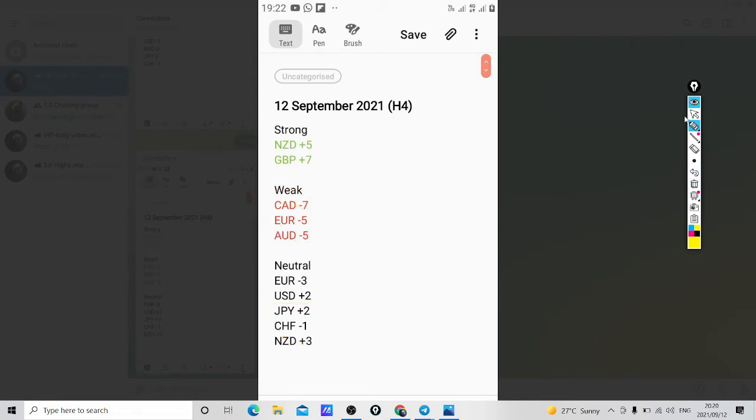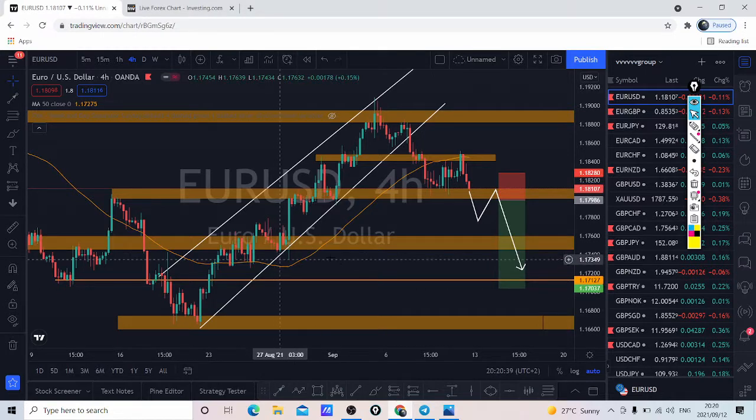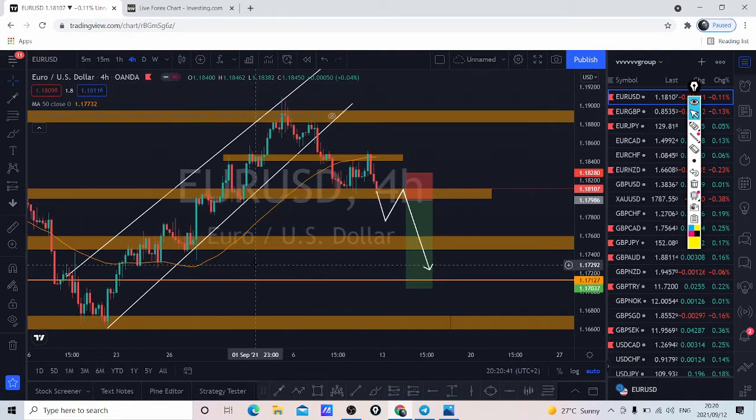So this trade is going to work because the US dollar is trying to go up while the euro is trying to go down. What I'm expecting here is a breakout followed by a retest, bearish engulfing, then sell after a bearish engulfing on the H1.